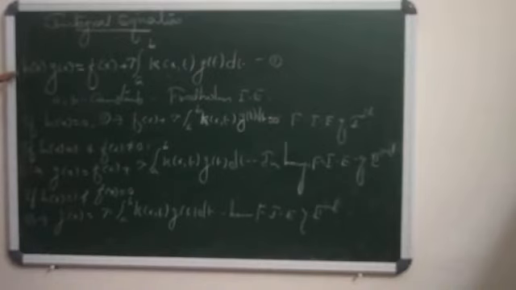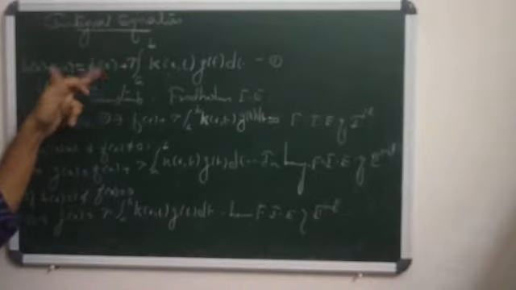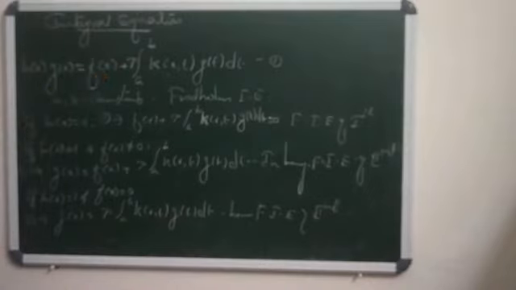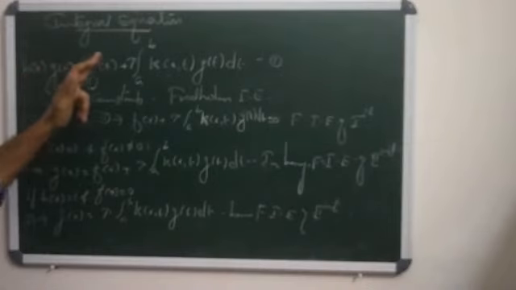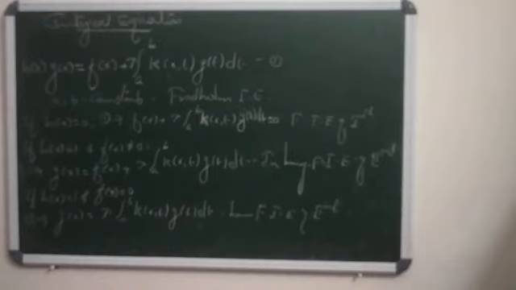Again, if h(x) equals 1 and f(x) differs from 0, it is known as an inhomogeneous Fredholm integral equation of second kind. And if h(x) equals 1 and f(x) equals 0, then the reduced integral equation is known as a homogeneous Fredholm integral equation of second kind.